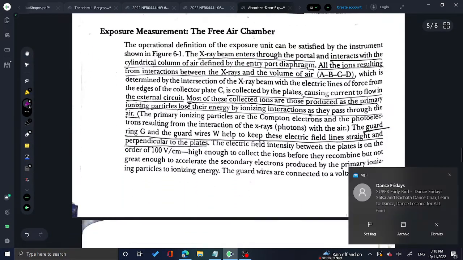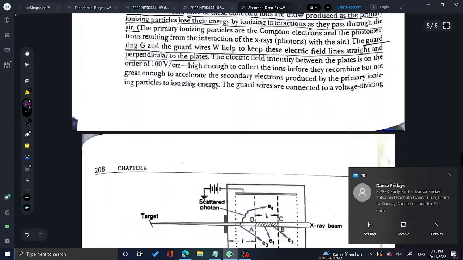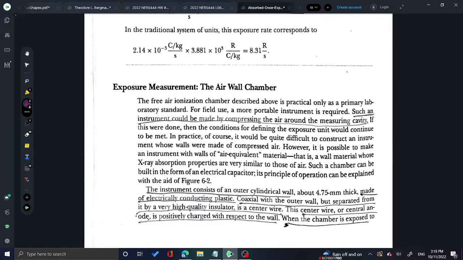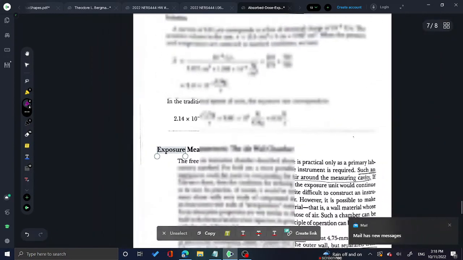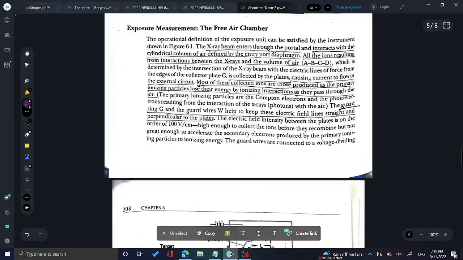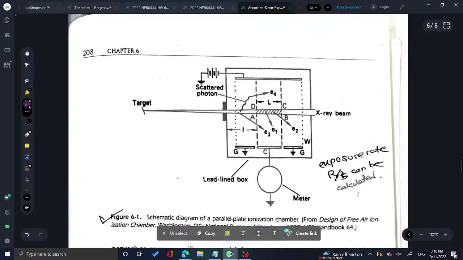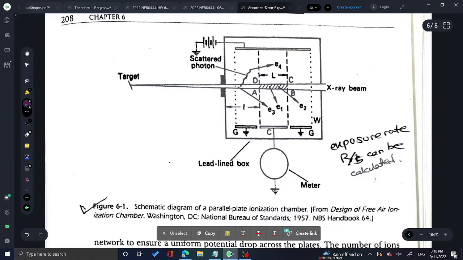আচ্ছা, then we have two types of exposure measurement instruments. একটা হচ্ছে এয়ার ওয়াল চেম্বার, আর একটা হচ্ছে ফ্রি এয়ার চেম্বার। সো ফ্রি এয়ার চেম্বার হচ্ছে আমরা আগেও দেখেছি এমন একটা স্ট্রাকচার, দ্যাট ইজ টার্গেট থেকে এখান দিয়ে আমাদের এক্স রেটা ঢুকছে চেম্বারের ভিতরে। Then we have this one certain volume that we are interested in.